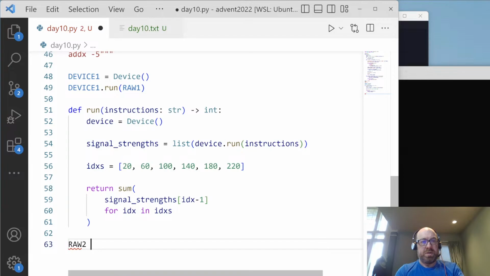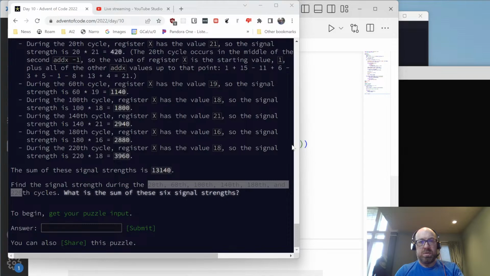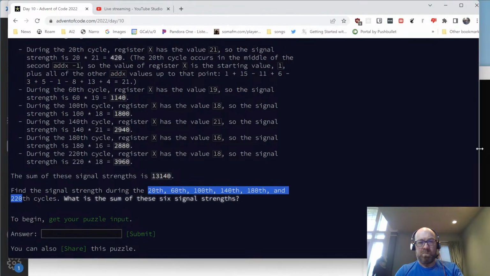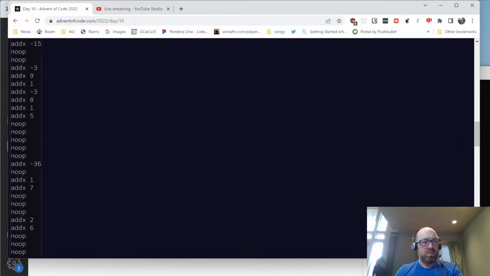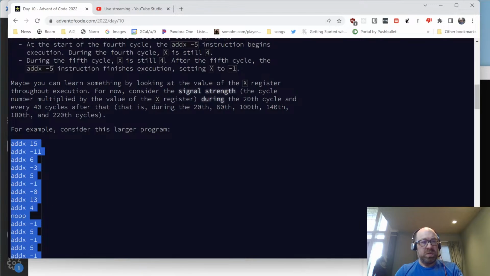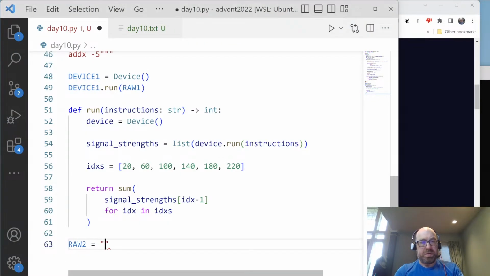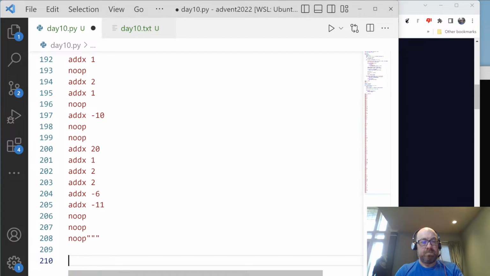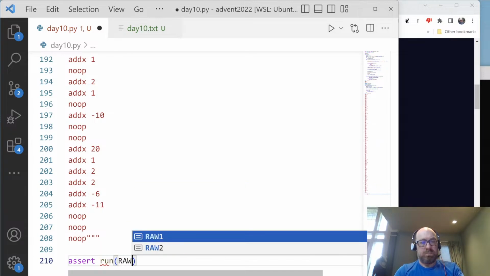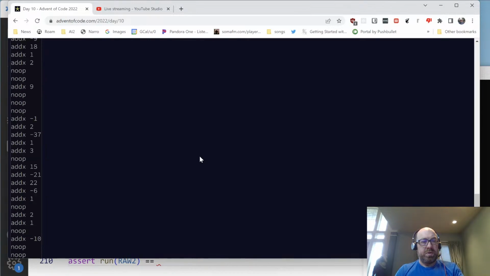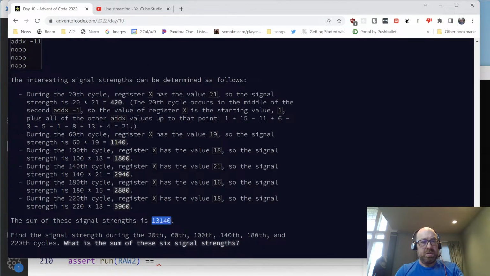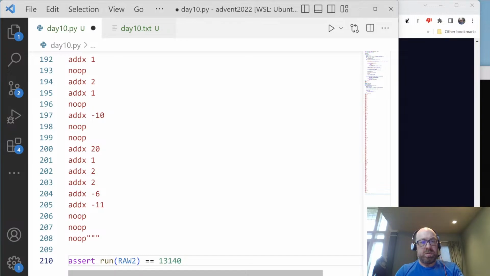And so let's say raw2 equals, and let's copy this nasty one. I have a lot of print statements here that I'd rather not have, but that's okay. It is not going to be that. So it's going to insist that this is going to be that. So let's run this.